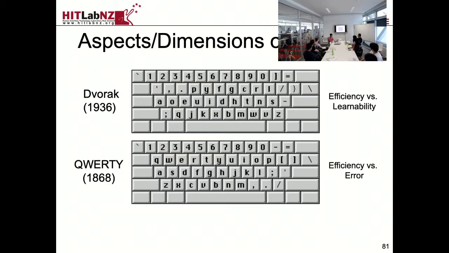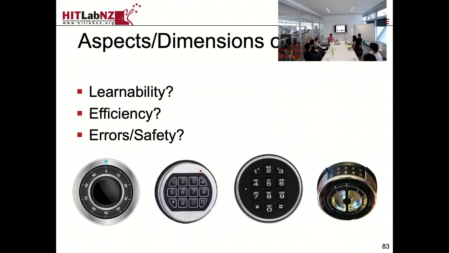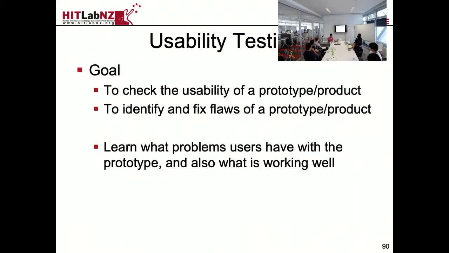I'm going to skip this one, skip this one, skip this one. There is one example of what is good for designing your usability testing. So the learnability, efficiency, errors, and safety issues, you should think about when you design a certain product.